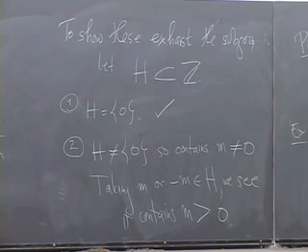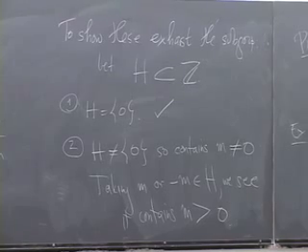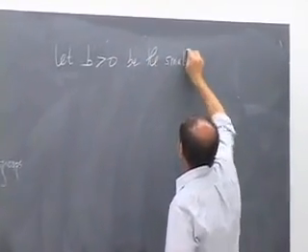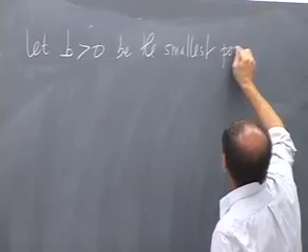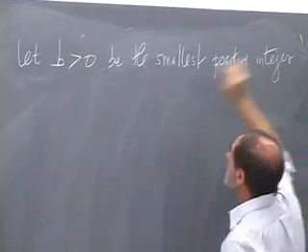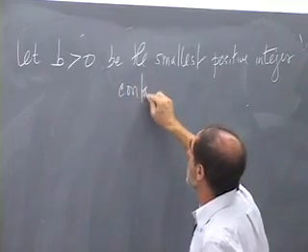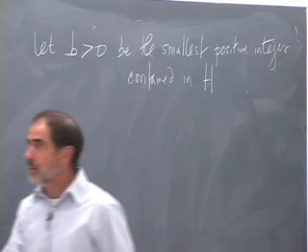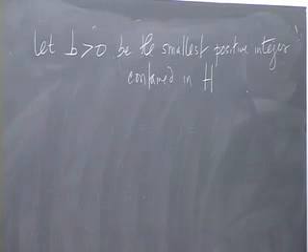Okay, and then the trick of the Euclidean algorithm is to let b be the smallest positive integer contained in H. So since it contains positive integers, it contains the smallest one.